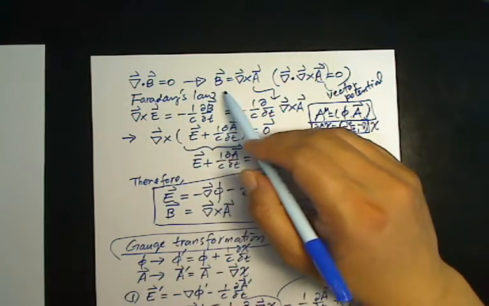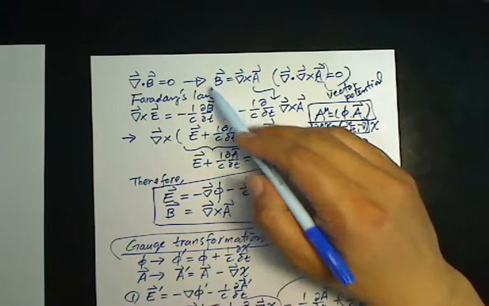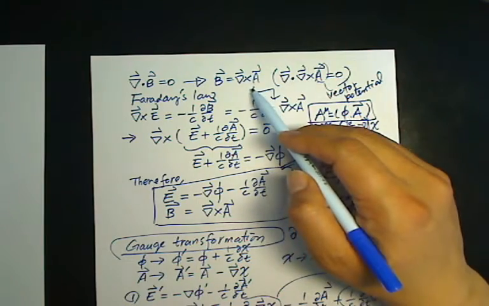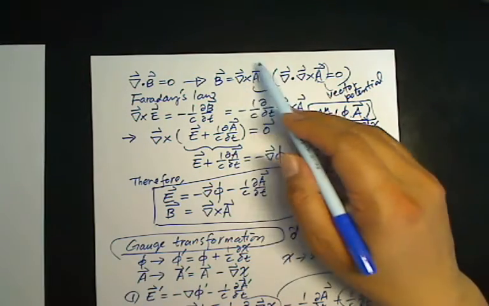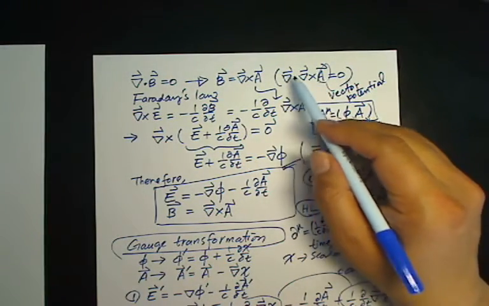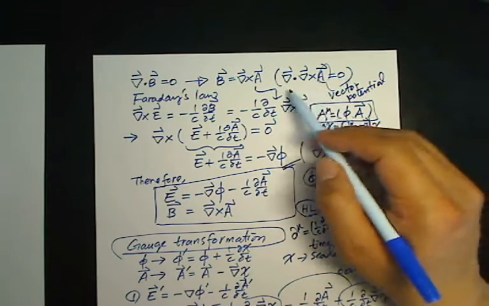Thus, we can always find a vector field A such that the magnetic field is expressed in terms of curl of A. It is because if I put curl A in here, divergence of curl A is a triple scalar product style.